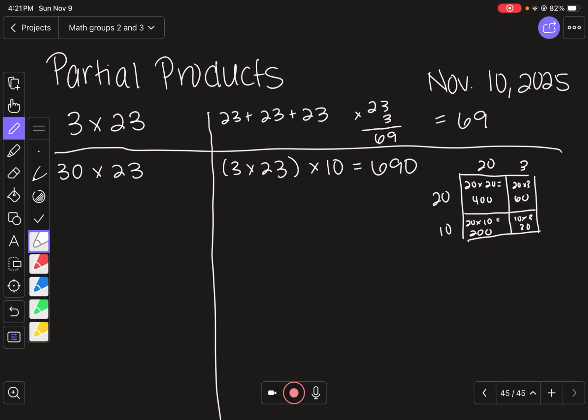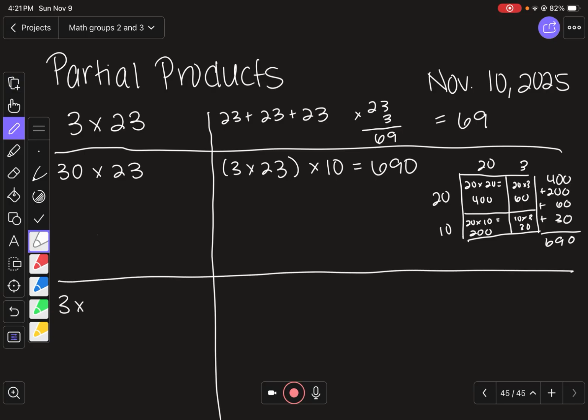If you add all of those up, you're going to end up getting your answer. So if we do 400 plus 200 plus 60 plus 30, then we will get 690.